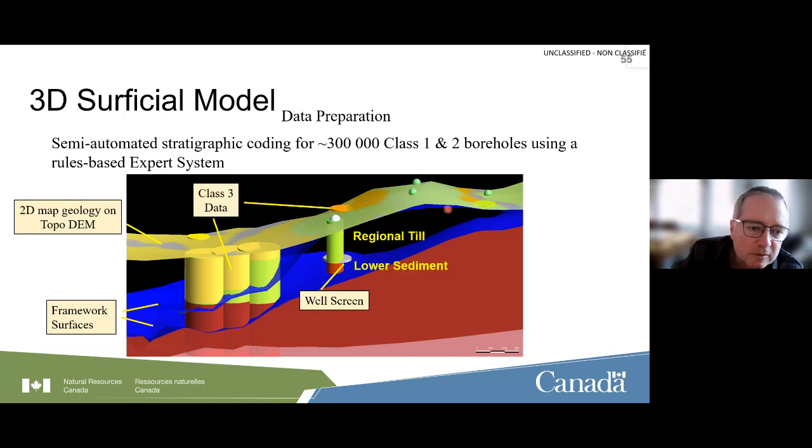A code is then auto-assigned if the uppermost material is typical of the map geology, subsequent materials are consistent, or if class 3 data is nearby and material type and depth agree with framework surfaces. So that means a typical material and it's within an elevation tolerance. Screen depths are also used to help confirm aquifer formations.